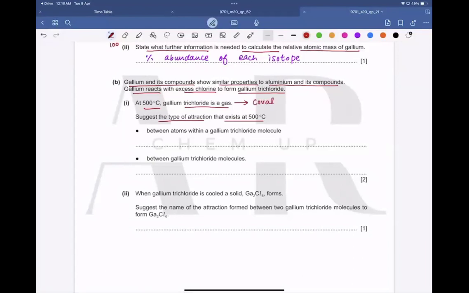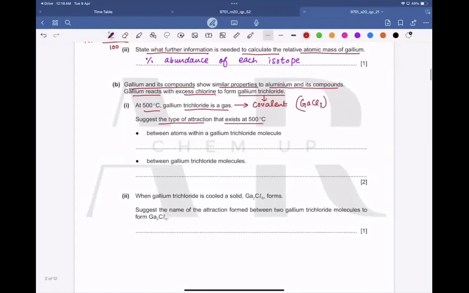So it means that gallium trichloride is a covalent compound, GaCl3, right? Now, suggest the type of attraction that exists at 500 degrees Celsius between the atoms within a gallium chloride molecule. So if I make a gallium chloride molecule, it's like this, right? So this is the attraction, and this attraction is called covalent bonding, Fatma. Very good.